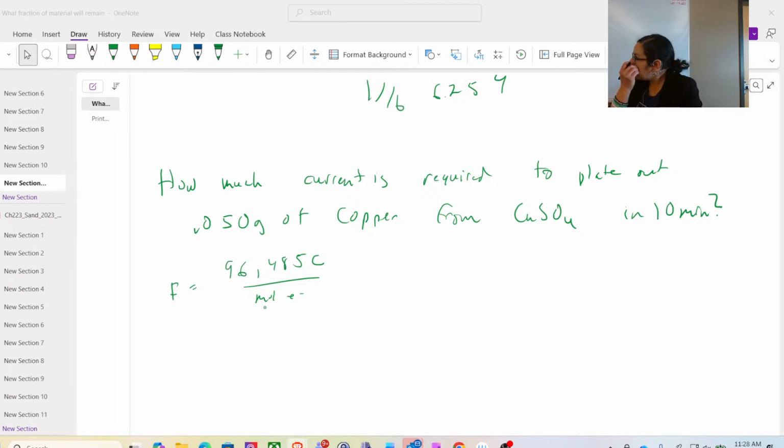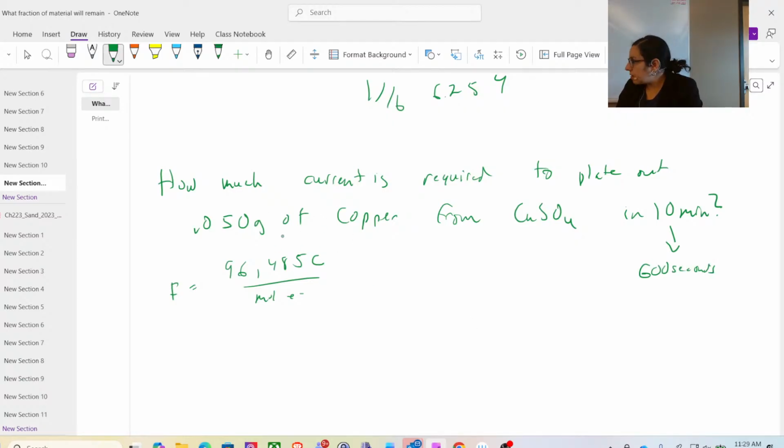So how do we get to moles of electrons? We have 0.05 grams of copper. It didn't specify, but we have time in 10 minutes, so we can convert that to seconds. That's 600 seconds.